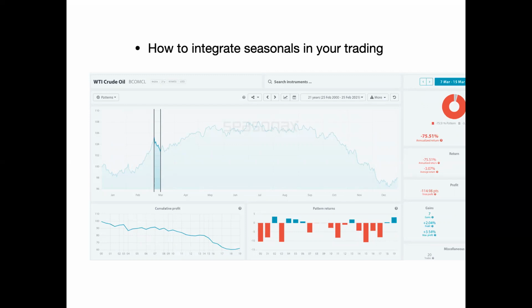Now, going into the crude market, I just knew that actually there's a significant event coming up this week. And so I knew, look, hang on, seasonals are very poor for this time of the year. You tend to see falls in US oil.